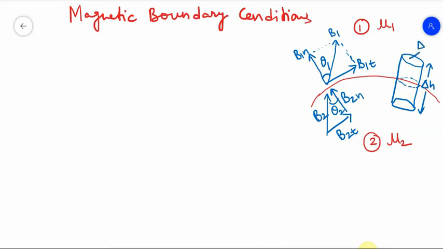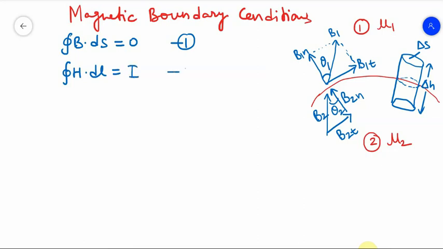Let this area be del S. Now from Gauss law for magnetic field, we have B dot ds equals to 0. This is equation 1. And second is from Ampere's circuital law, H dot dl equals to I. These two relations we already know.